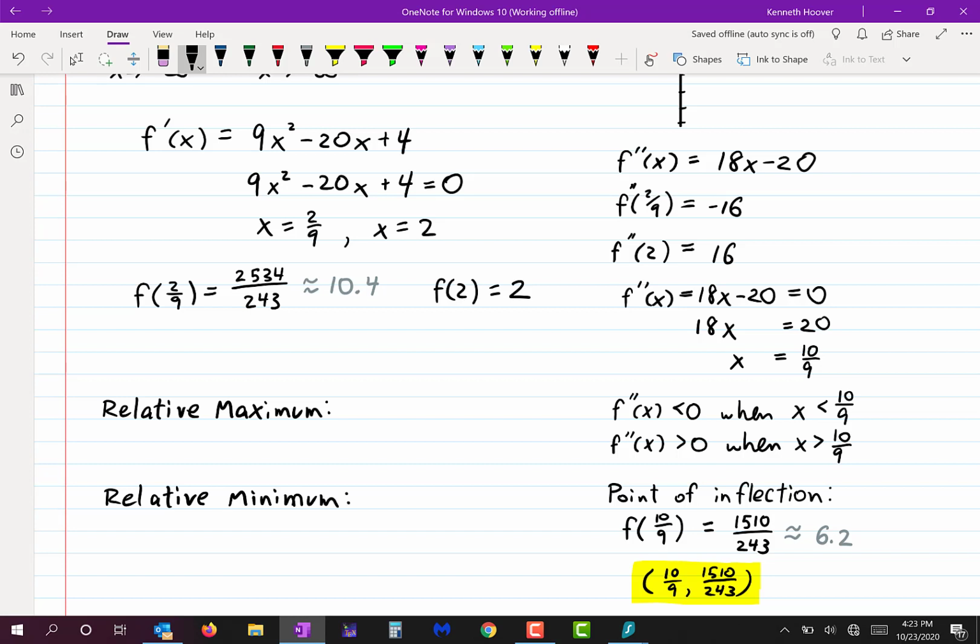And I'll review with you how we knew that. There's a relative maximum at (2/9, 2534 over 243). There's a relative minimum at (2, 2). Let's review how we found those.